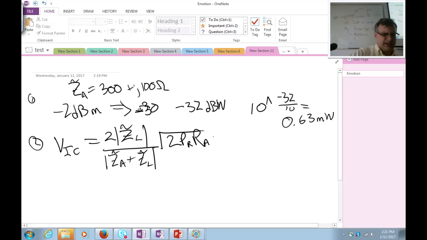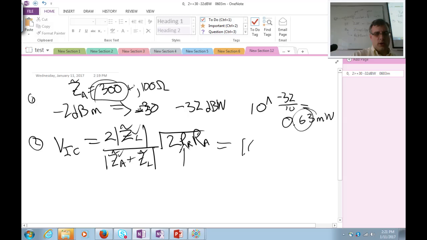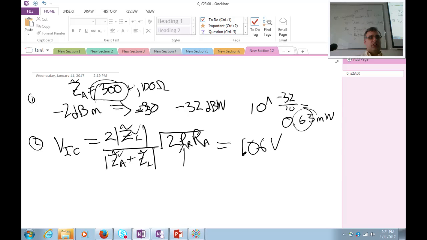This is a folded dipole, so it happens to have a lot of impedance, 300 real, and then a little bit of inductive j100. And then you multiply this by the square root of 2 P_R R_A. So we know what Z_L is, we know what the antenna impedance is. P_R is 0.63 milliwatts. R_A is going to be 300, that's the real part of the antenna. When I'm done, I find I get 1.06 volts.